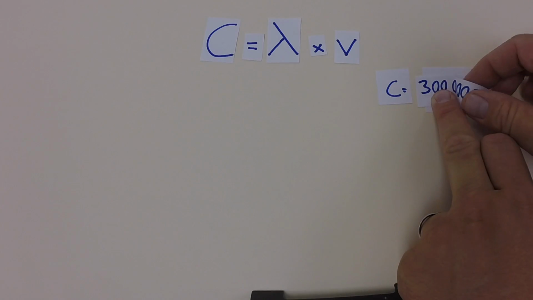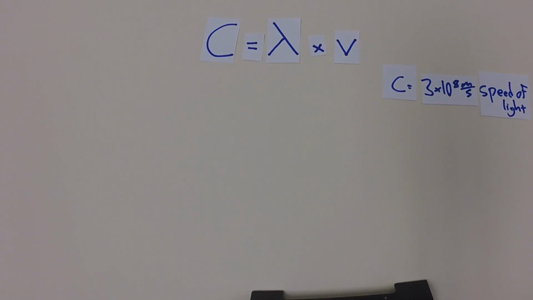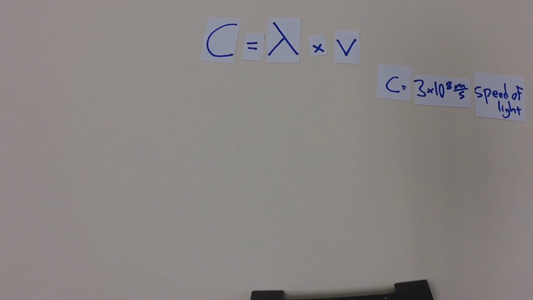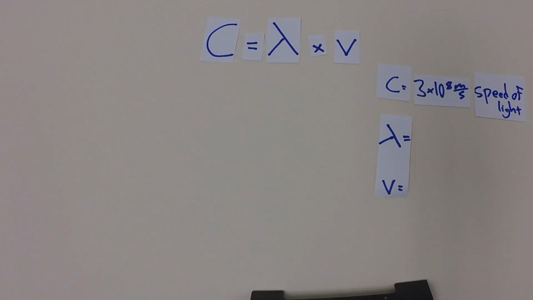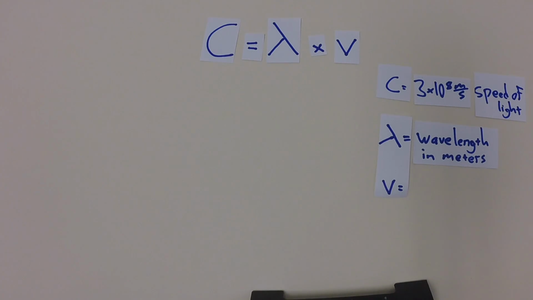Pretty darn fast. We're going to use scientific notation. C, our speed of light, equals 3 times 10 to the 8th, and that's meters per second. The other two terms in this equation, we have wavelength, which we're going to measure in meters. And again, when you do these equations, units have to match.